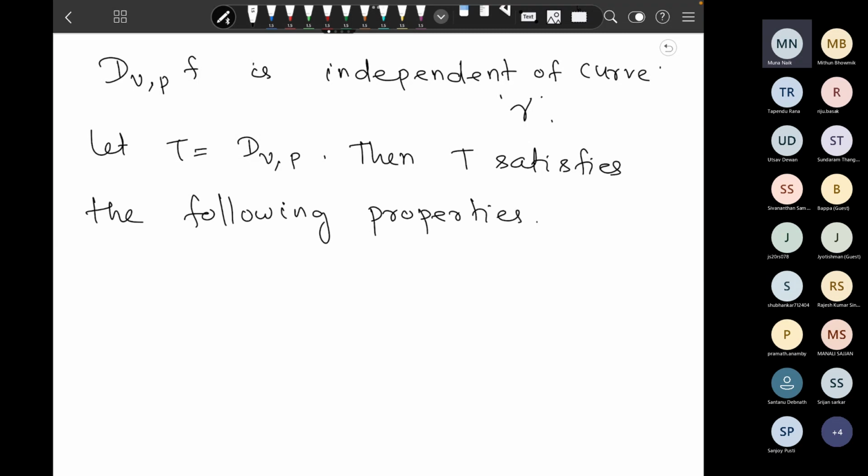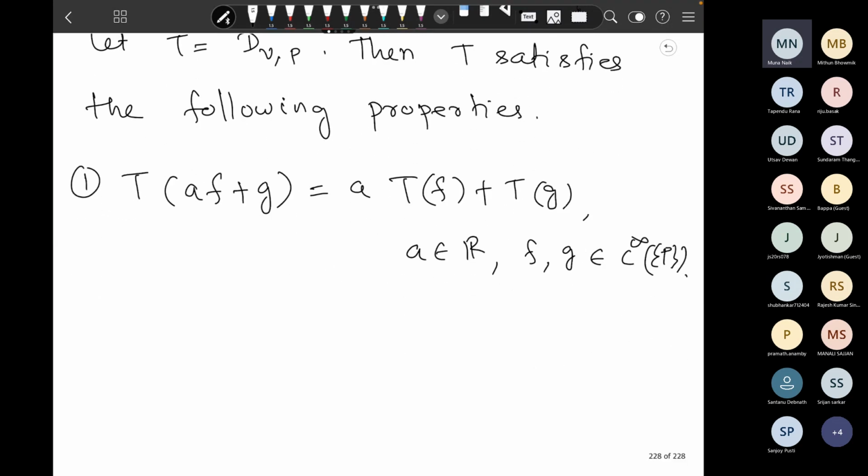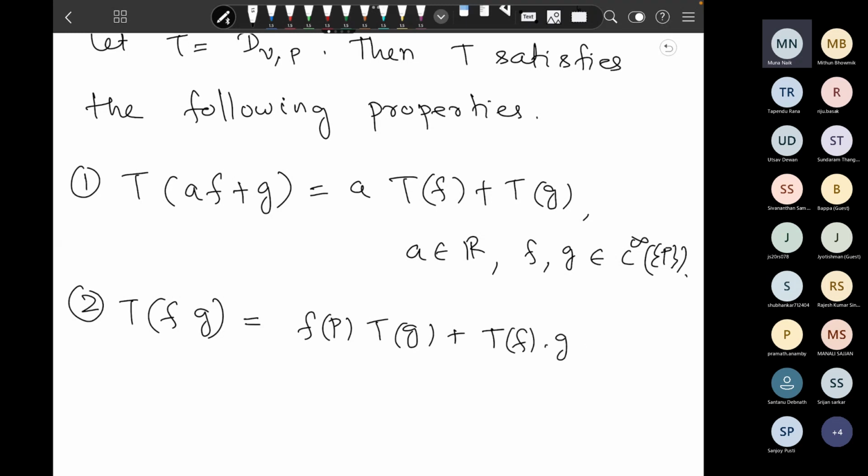First, T is linear: T(af + g) = aT(f) + T(g), where a belongs to R and f, g belong to C infinity P. The second property is very interesting: T(fg) = f(p)T(g) + T(f)g(p).